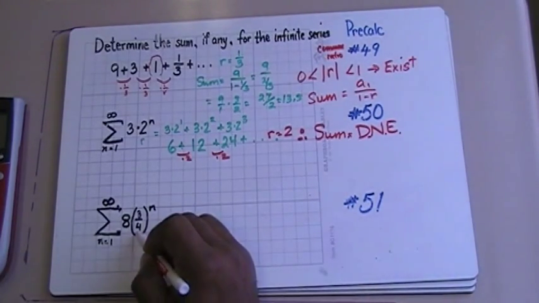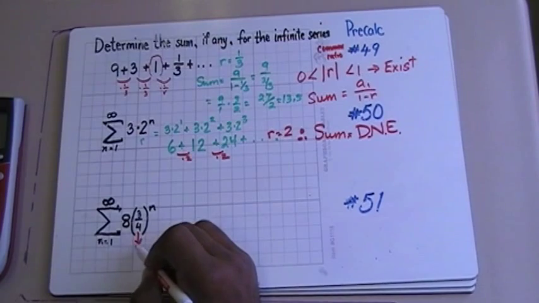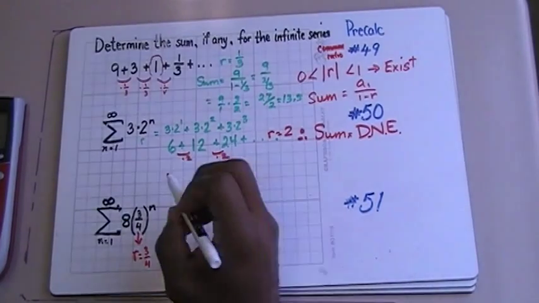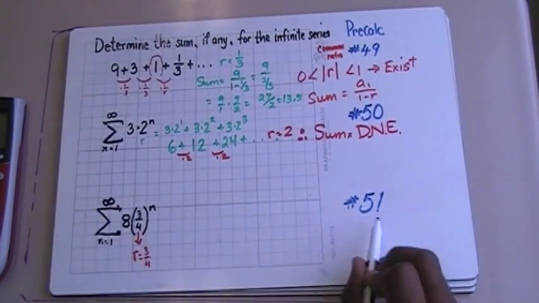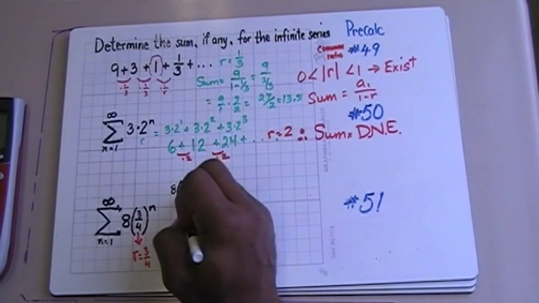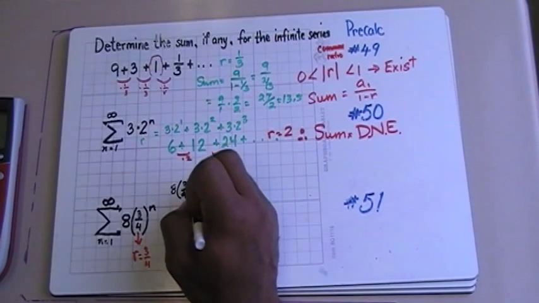Like that problem, once again, if it's set up like this, this is your r value. So r is equal to 3/4. Now, if I didn't know that and I'm having a problem with it, then I'm going to do a couple of values out for number 51. I can go 8 times 3/4 to the first.